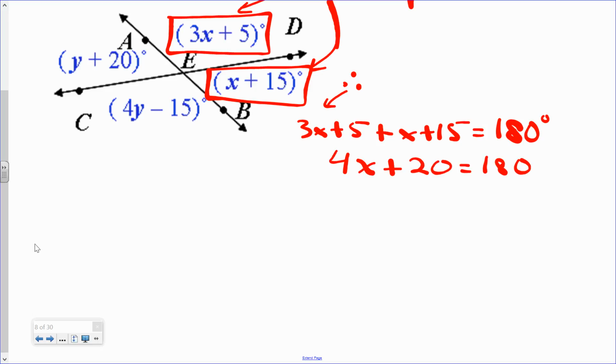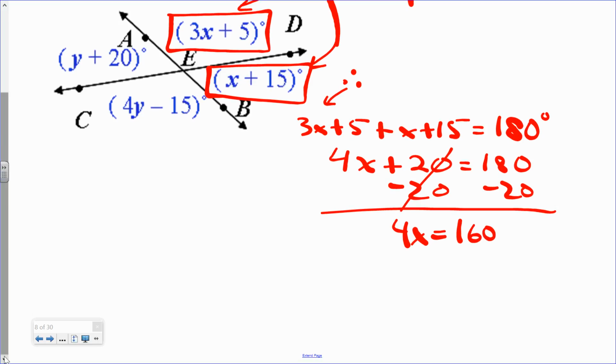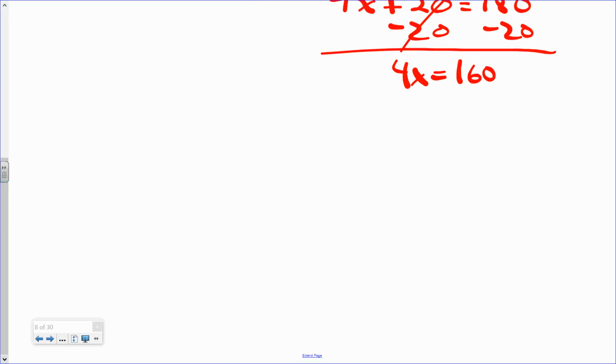Rest of Math 1 skills. This is why you took Math 1 before you got to me. Bye-bye to that. I have 4x equaling 160. So we'll divide by 4 now. x is 40.